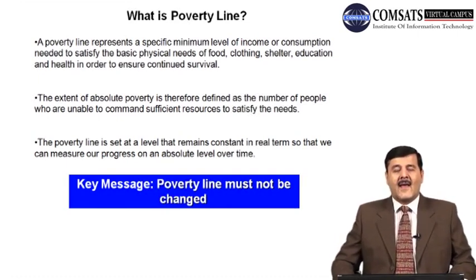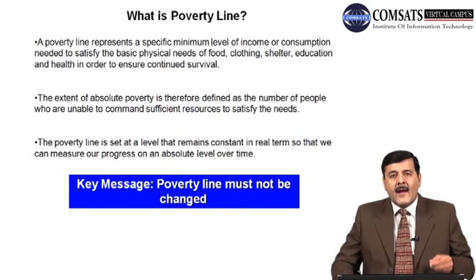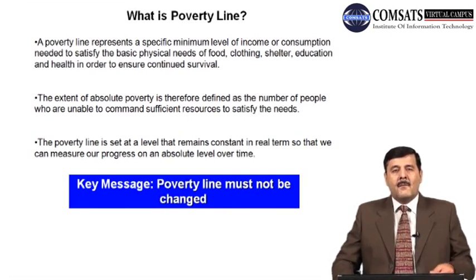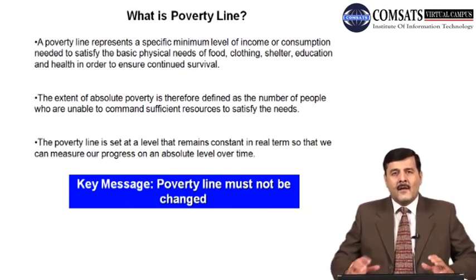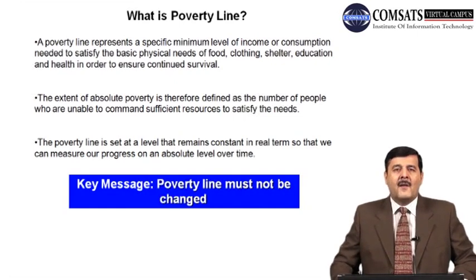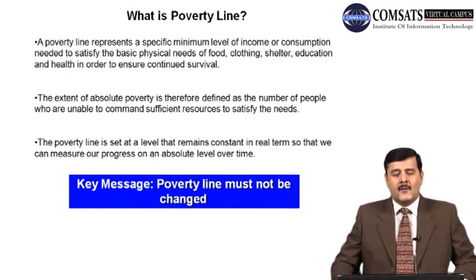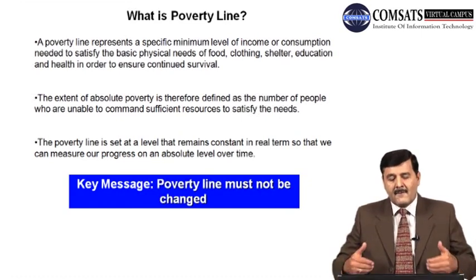So हम ये कह सकते हैं कि जो poverty line है, it represents the minimum level of income or consumption जिसकी ज़रूरत होती है to satisfy basic needs like food, clothing, shelter, education and health in order to survive, right?